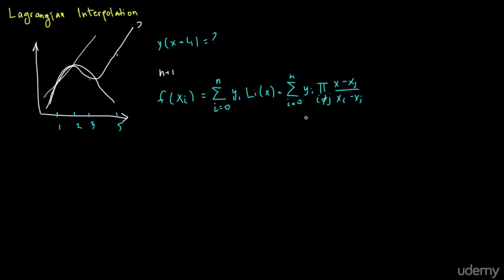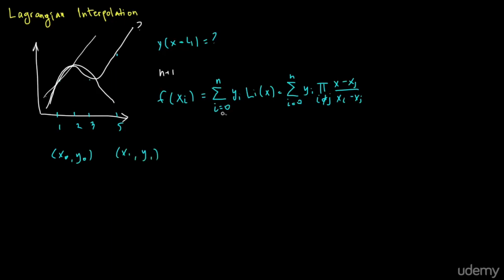This may seem a bit cryptic, but we can now write out the polynomials for, let's say, 2 points. Say you have 2 points, x0, y0, and x1, y1.